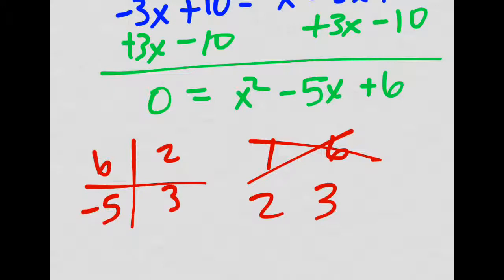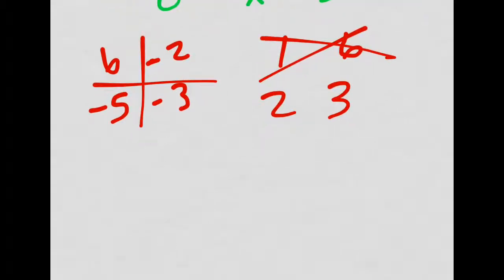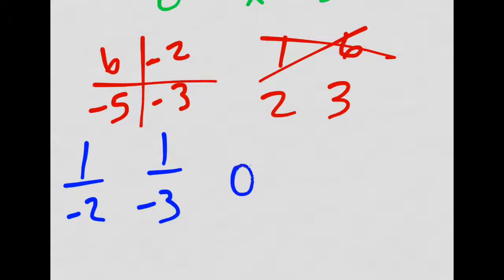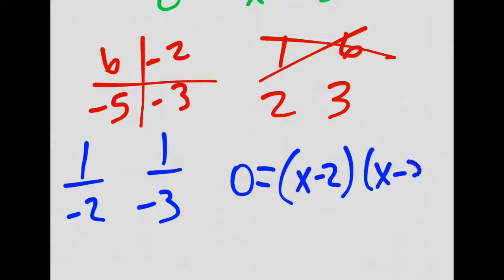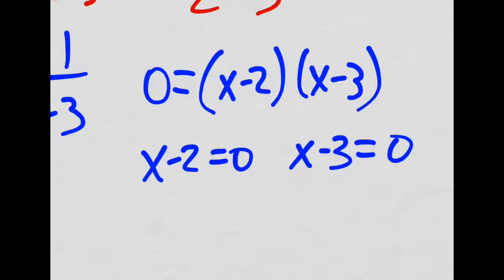And they're both going to be negative, because negative 2 plus negative 3 gives me negative 5. A is what? 1. So that's 1 over negative 2, 1 over negative 3. So my parentheses are x minus 2 and x minus 3. So x minus 2 equals 0, x minus 3 equals 0. So x equals 2 and x equals 3.